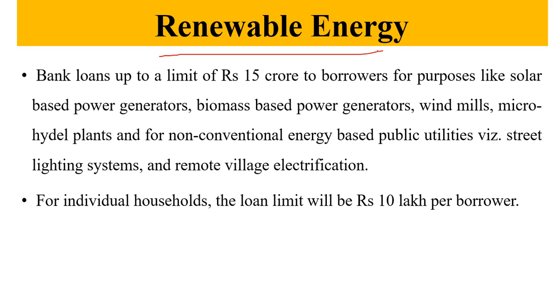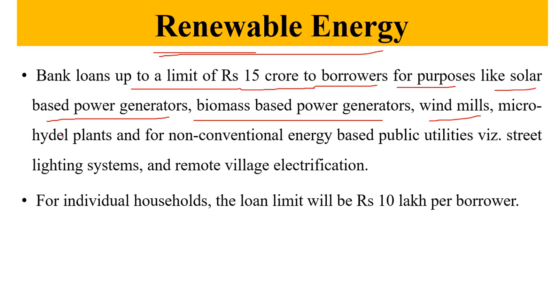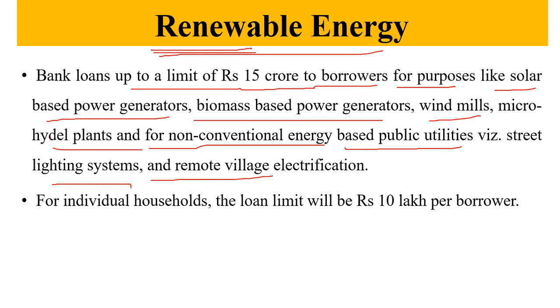Next is renewable energy. Banks give loans up to 15 crore to borrowers for purposes like solar based power generators. If any individual, or organization, or NGO wants to set up a solar power generator, or windmills, for that funding also the bank gives loans up to 15 crore to the borrowers for solar based power generation, biomass based power generators, windmills, microhydel plants, and for non-conventional energy based public utilization like street lighting systems and remote village electrification.